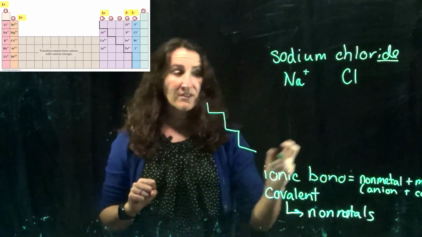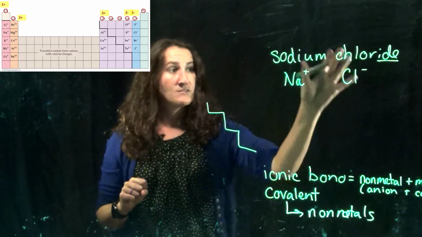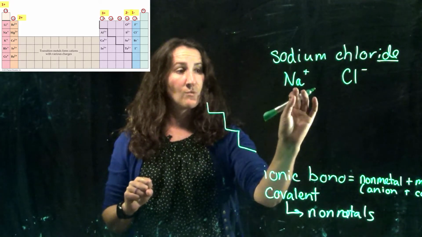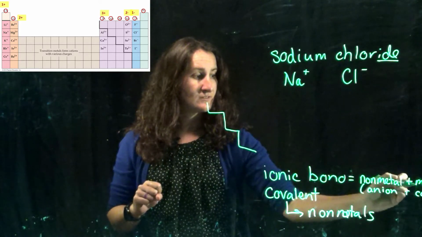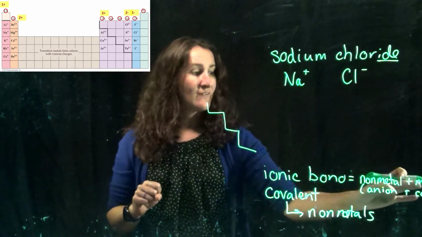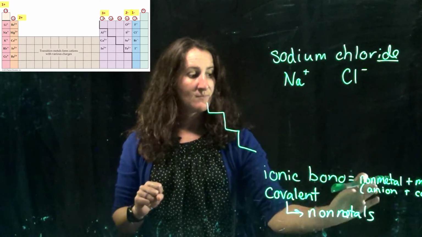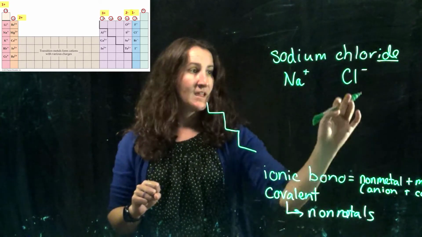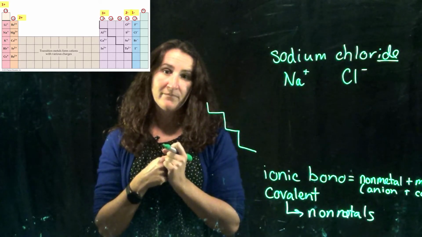Chlorine is in group 7, so it forms a -1 ion. With these two, you'll notice one is positive, a cation, and it's also a metal. So you have a metal and a cation, which is your sodium, and then your chlorine is your nonmetal, which is our anion. So in this case, when these two react, they're going to form an ionic bond.